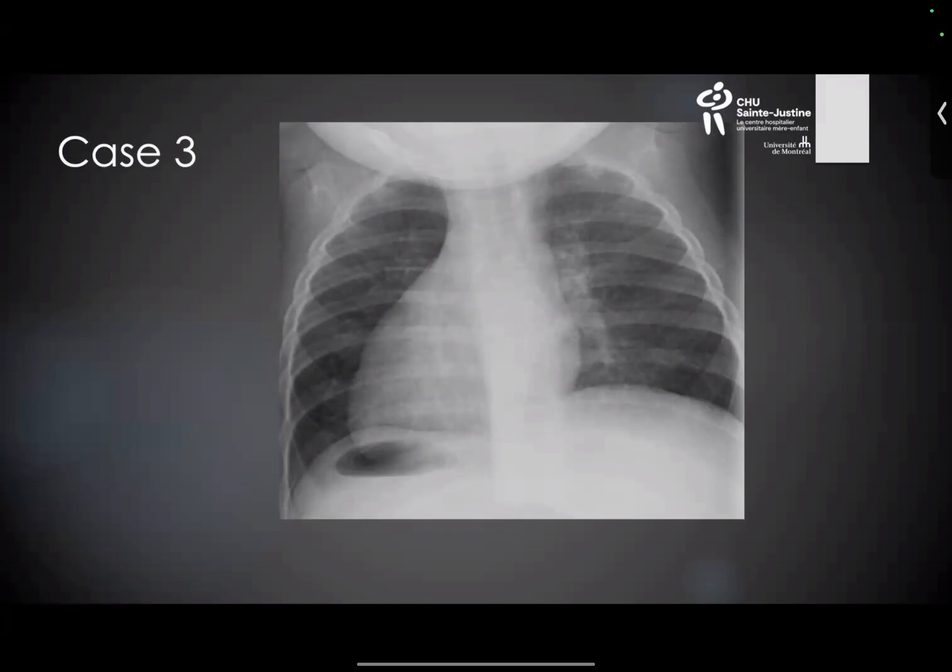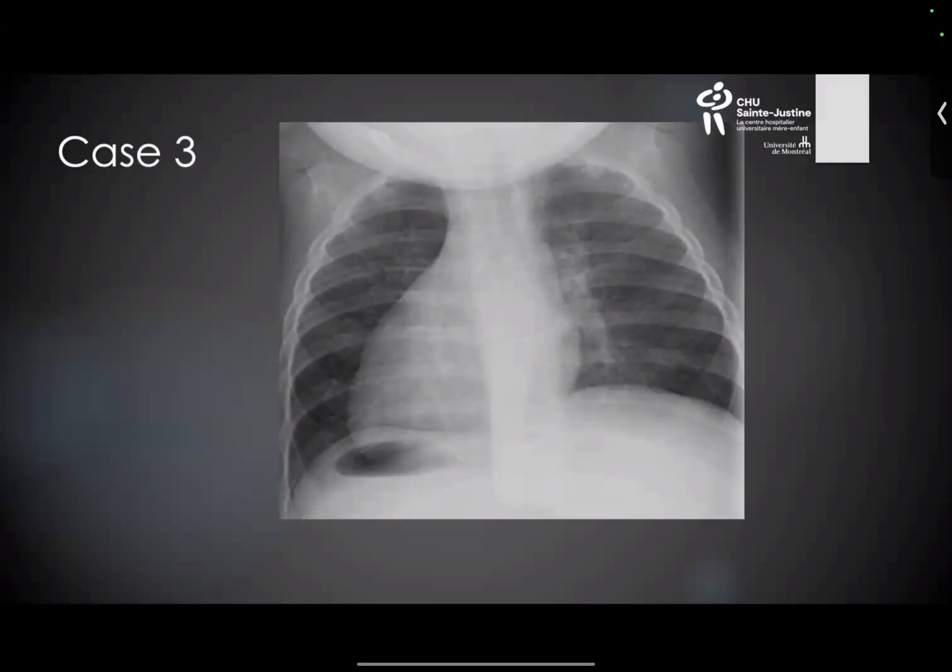So the first thing to check when you have flipped hearts is whether your right and left are well placed, because the first thing to check is your technologist, did she mix up the right and left, and then it's just a kid that is normal, but the film is switched.